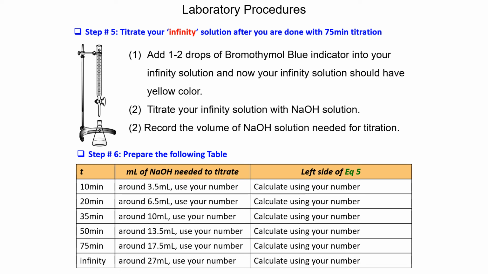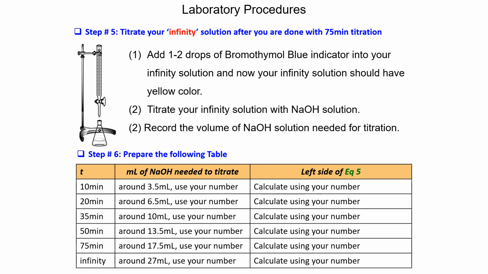The process is the same: you add your indicator into the previously prepared infinity stock solution, with the additional 10 milliliters of water, and then you titrate it with sodium hydroxide.